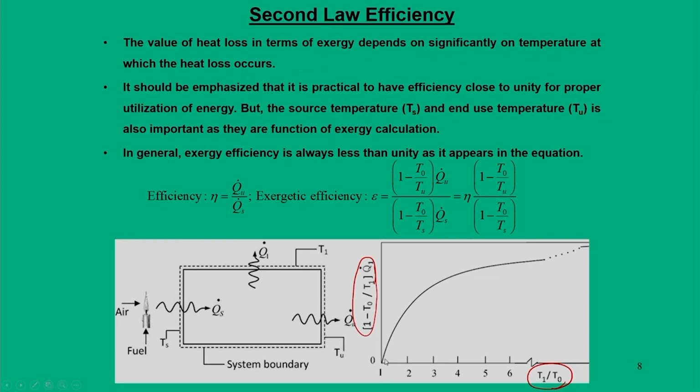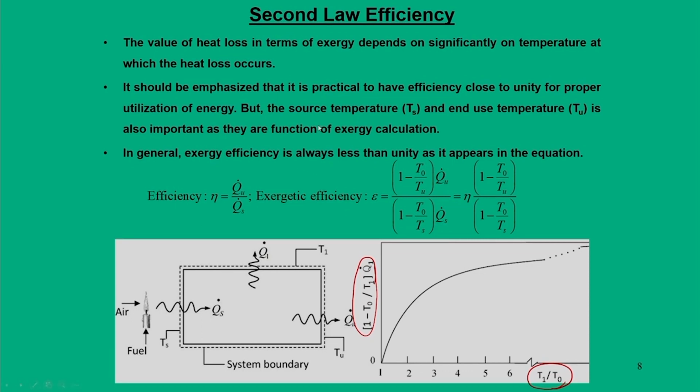Initially it starts increasing and it keeps on increasing, because heat loss also increases significantly with respect to temperatures. That means, if a body is at higher temperature, heat loss will also be more and more.